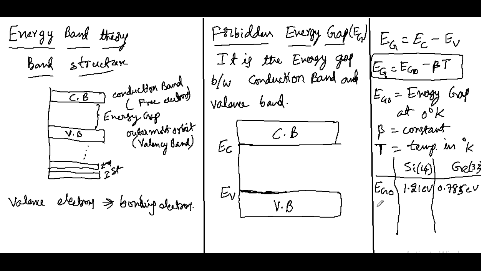And the beta value. Beta is a constant value. For silicon this value is 3.6 into 10 to the power of minus 4 electron volts per kelvin, and similarly for germanium it is 2.23 into 10 to the power of minus 4 electron volts per kelvin.